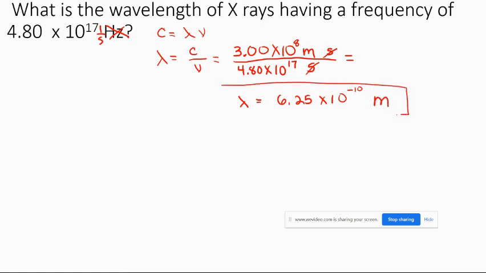So this is what you should end up with for your answer. Make sure you can get that plugged into your calculator properly. I want everybody to try this. You need to know how to use your calculator, or you are going to have a very painful experience with this chapter.